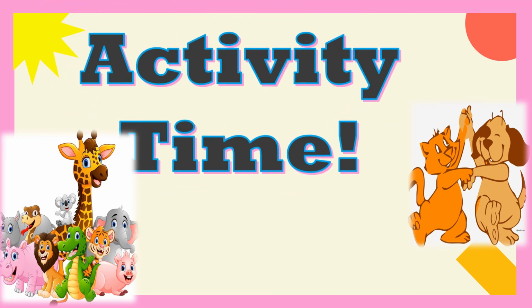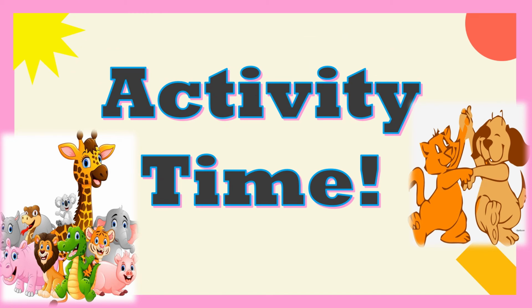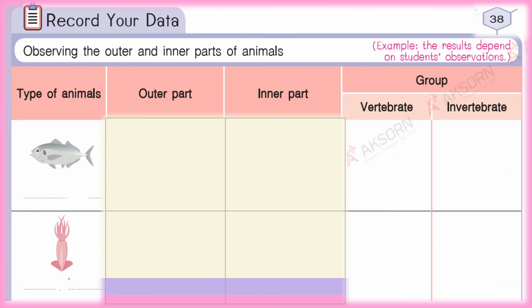Okay, now everyone, let's proceed to your activity time. Are you ready? Great! So now, let's answer your activity. Please open your book on page 38. Again, on page 38, the instruction there is observing the outer and inner parts of animals.